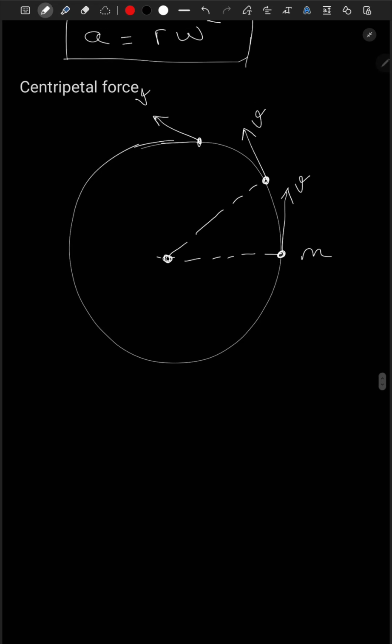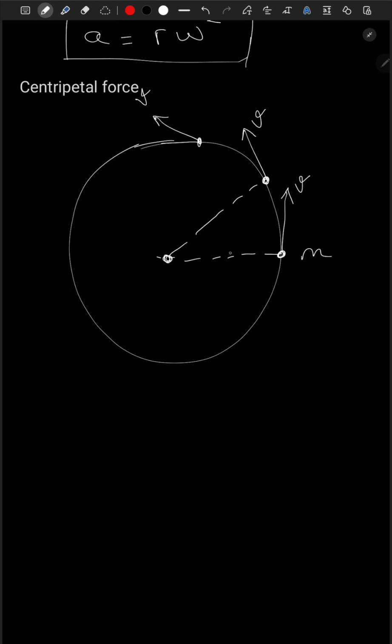It's only the velocity that is changing because it is changing direction, and acceleration is defined as the rate of change of velocity. Therefore, we say that the body is accelerating all the way around the circle. And this acceleration is called the centripetal acceleration.